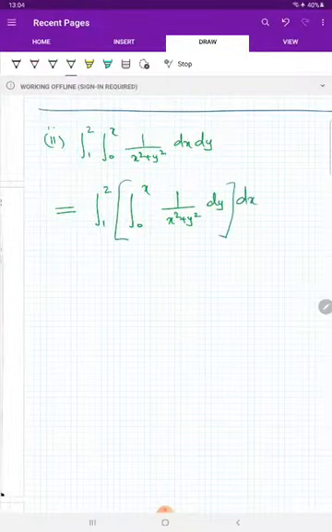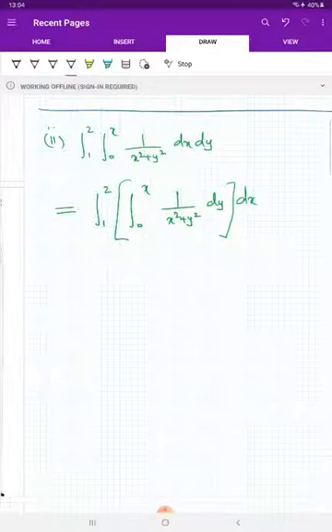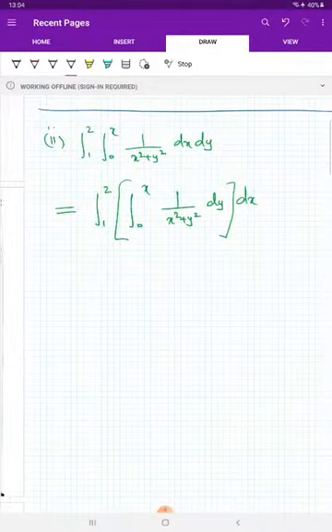If any of the inner limits is a function of x, then first we will integrate with respect to y. If inner limits are functions of y, then first we will integrate with respect to x. Since we are going to integrate with respect to y, we will treat x as a constant.